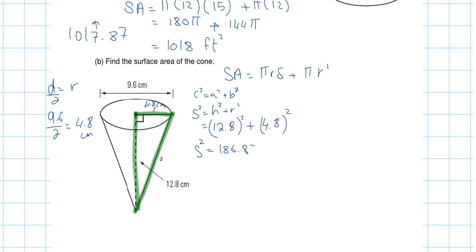What else do I have to do after I found S squared? Square root to find S. And the answer is 13.7 centimeters. I'm going to leave it to 1 decimal place because my other sides are to 1 decimal place.